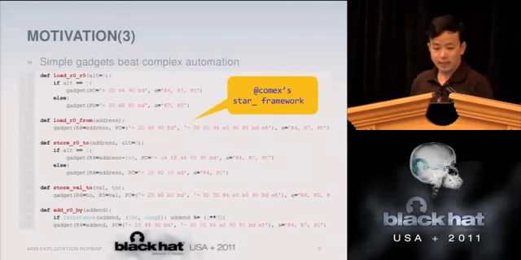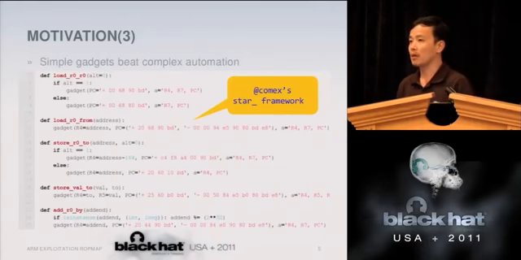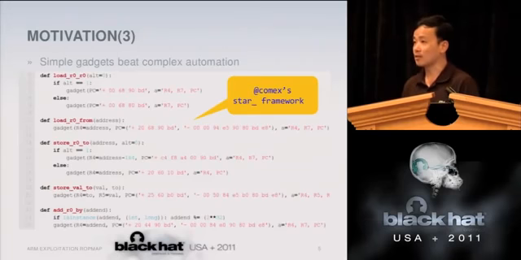The third problem we come with is doing ROP automation. Did anybody here attend last year's presentation about this topic? It's called Everybody Be the ROPer, from Vincenzo Iozzo and his colleagues.